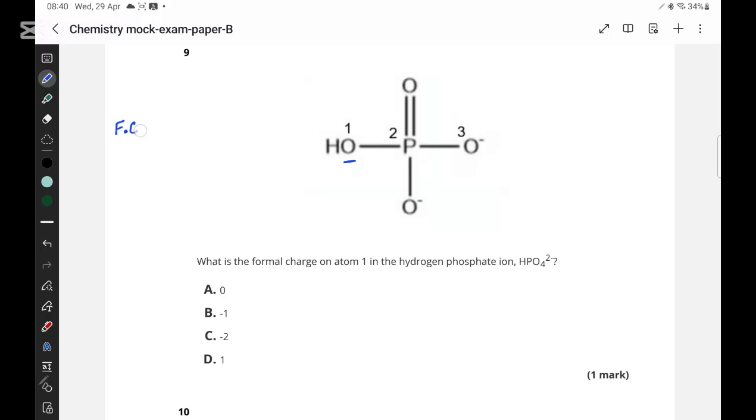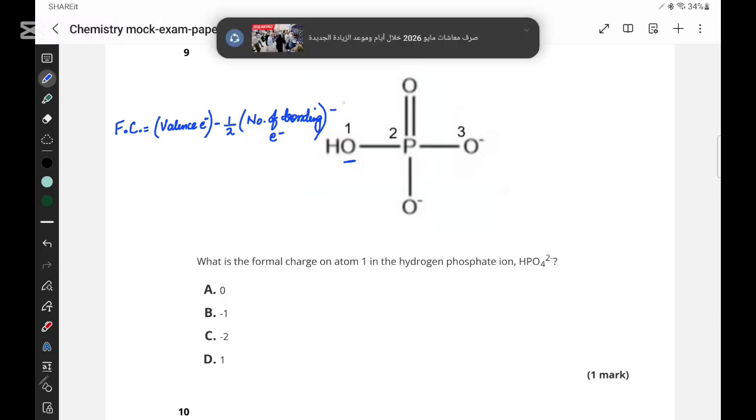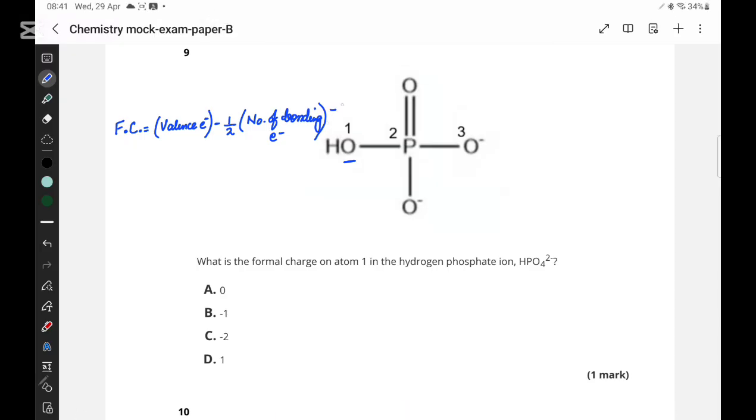Formal charge is equal to valence electrons minus 1 by 2 number of bonding electrons minus number of non-bonding electrons.